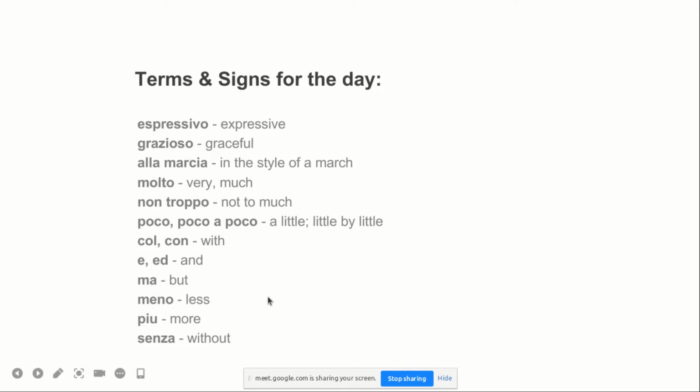So if you find meno mosso, this term is used to define movement. Meno mosso means less movement. And then we have più, which means more. And then we have senza, which means without.